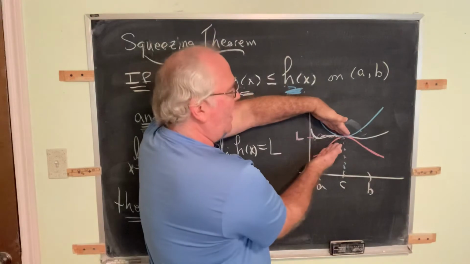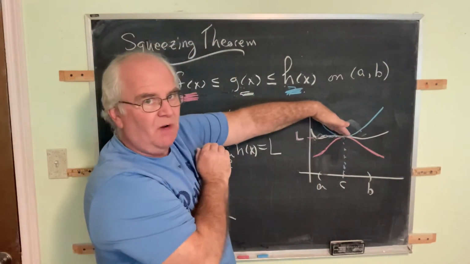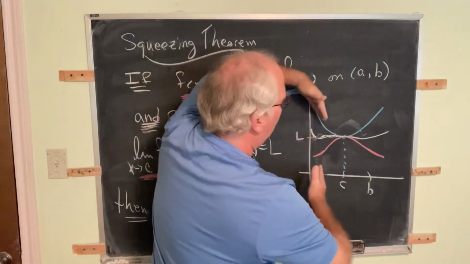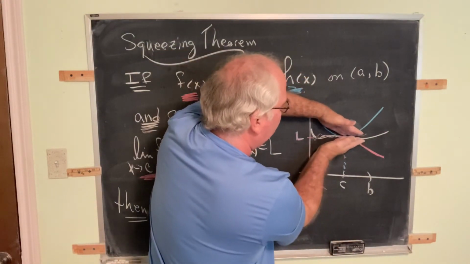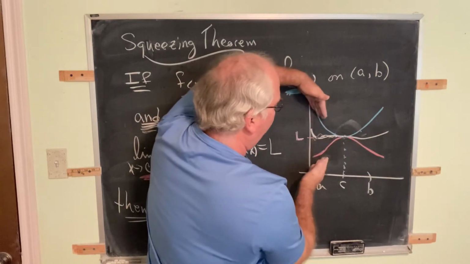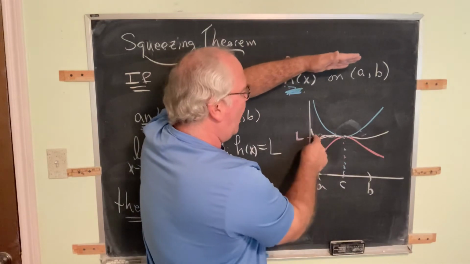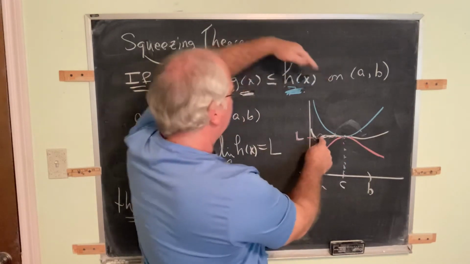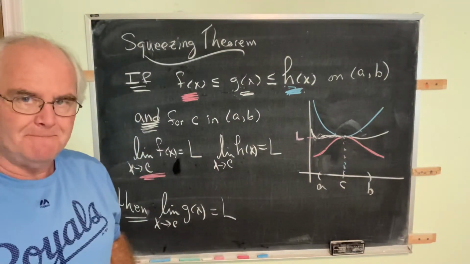The red is a rider pony. The white is some function whose behavior we want to control. If we know the red and the blue are forced to have the limit equal to L, then white, which is always captured between them, this function g of x, must also have that same limit.